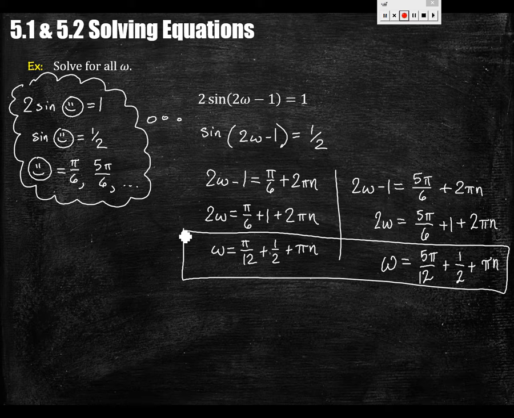Why is that happening? It seems like we're getting solutions twice as often. If we're thinking in terms of last unit, we kind of know what that 2 does to this equation. It makes this a horizontal shrink by a factor of 2 or a half.